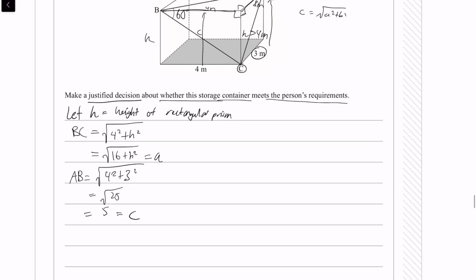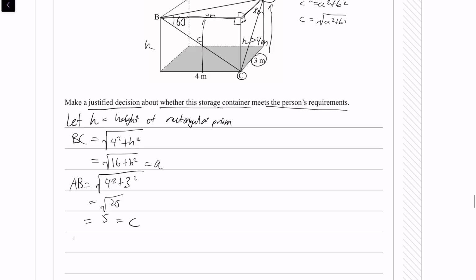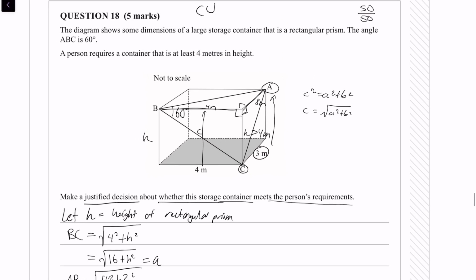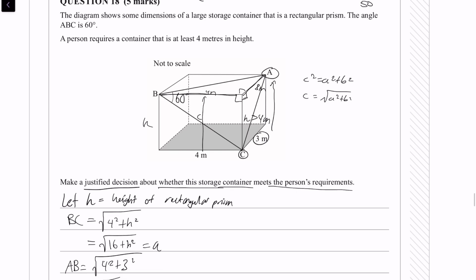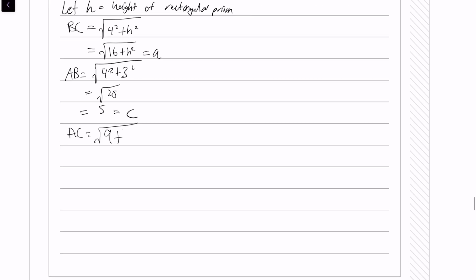And then I know that the AC side is going to again be using that right angle triangle, so the Pythagoras theorem. So we have 3 as one of the sides and h as the other side. So that's going to be equal to square root of 9 plus h squared. Sorry, 9 plus h squared.